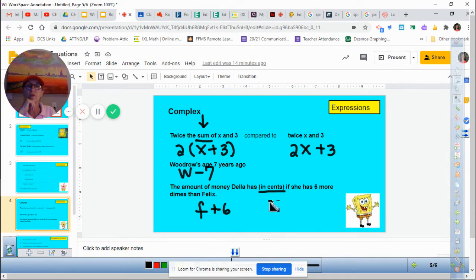But here's the glitch. They didn't ask us how many dimes she has. They asked us how much money she has in cents. How much is 1 dime worth? It's worth 10 cents. So if this in parentheses represents the number of dimes that Della has, what's the value of her dimes?